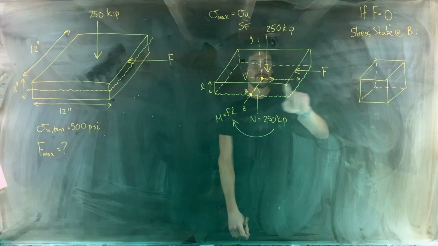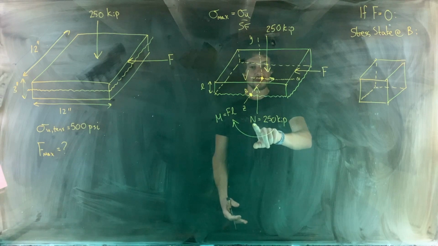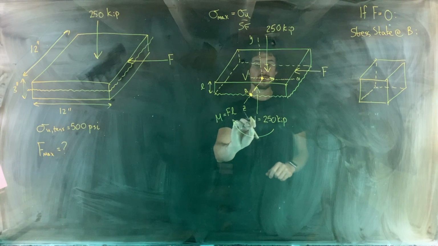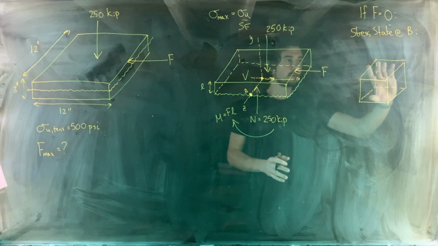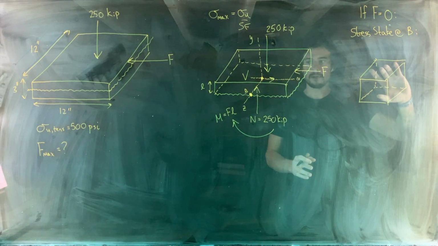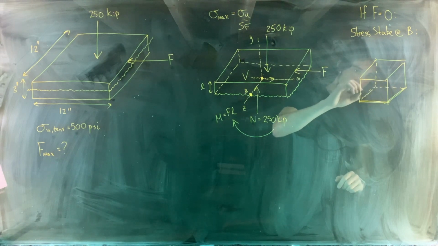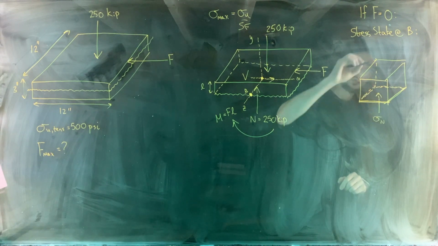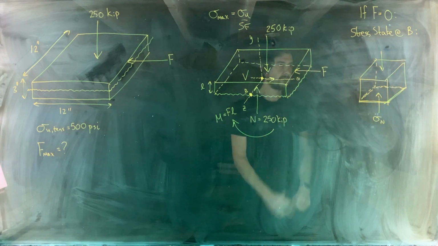And if F were 0, then our internal shear force would be 0, and our moment would be 0. So all we'd have left would be an internal normal force. So that internal normal force would be creating a compressive normal stress. So let's put that on our element here. The face of our element that's in the section plane is the bottom face there. So we want to put a compressive normal stress on that face. So there's sigma due to N, and that's the counteracting stress there.